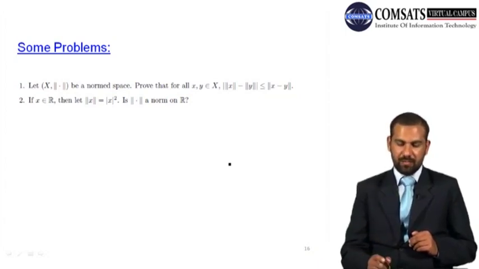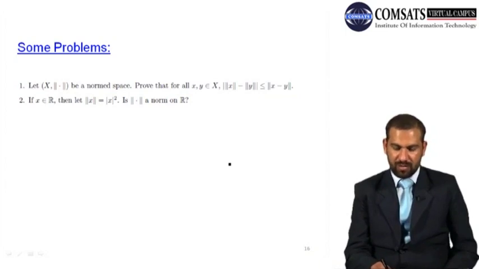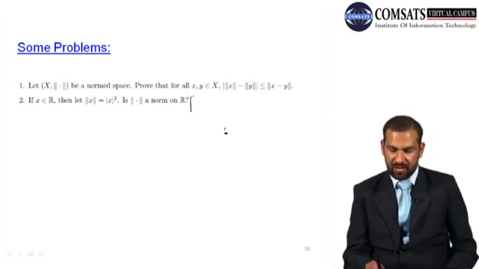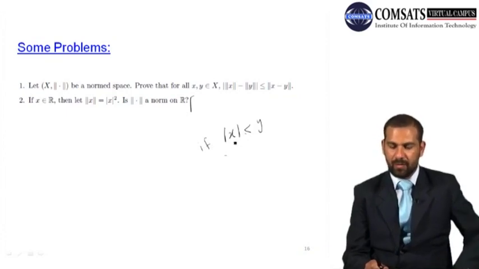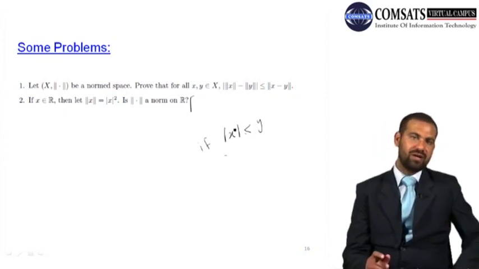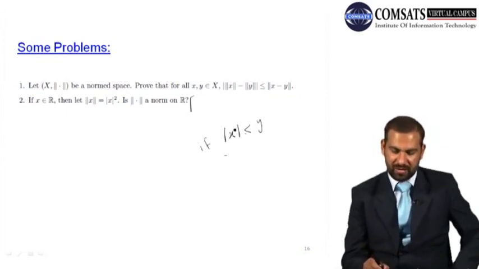One thing must be in your hand: you should know one property, that if the absolute value of x is less than or equal to y, this is an important characteristic of the mod value, where it is a number in R. The mod of x is some non-negative real number. If this happens, then we must have minus y less than or equal to x less than or equal to y.